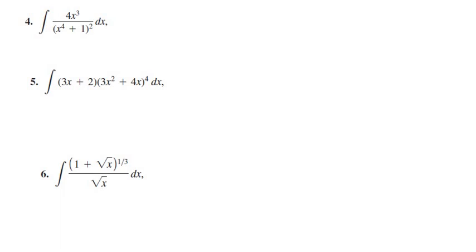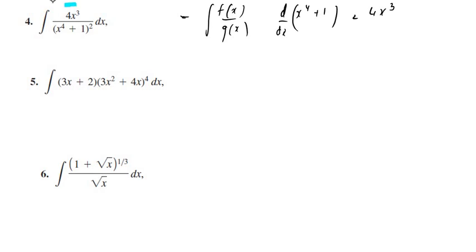So here we see this is a form of integral f(x) over g(x), and we see that if you take x to the power 4 plus 1, differentiation of that with respect to x would give you 4x to the power 3, and that is this function. So the way to go here is, let me erase this.